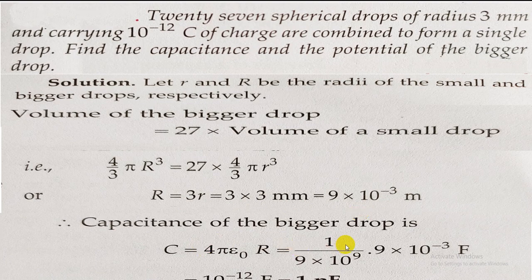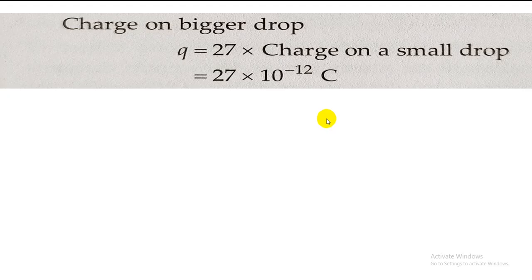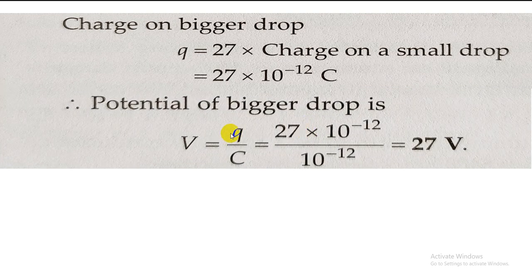Now the capacitance of the bigger drop, the formula is 4 pi epsilon naught R. The value of R we have calculated, we put the value here. So we finally get the result, 10 raised to the power minus 12 farad, or we can consider it to be 1 picofarad. Now what is left out? We need to find out the potential. The formula is V is equal to Q upon C. The value of Q is calculated first.